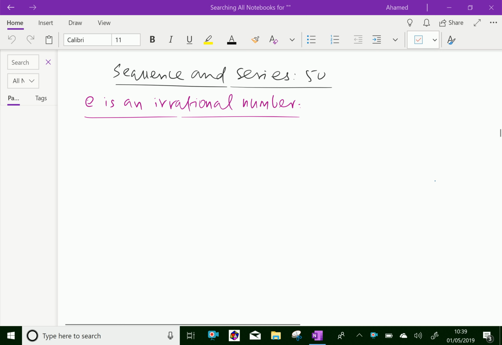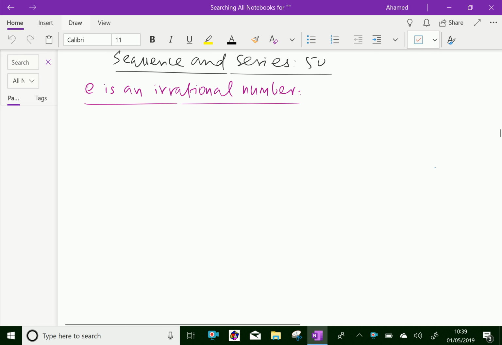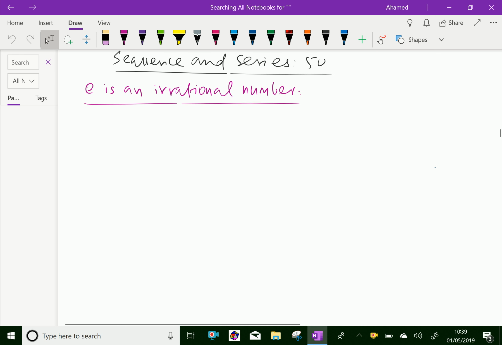We prove the result that e is an irrational number by using the method of contradiction.